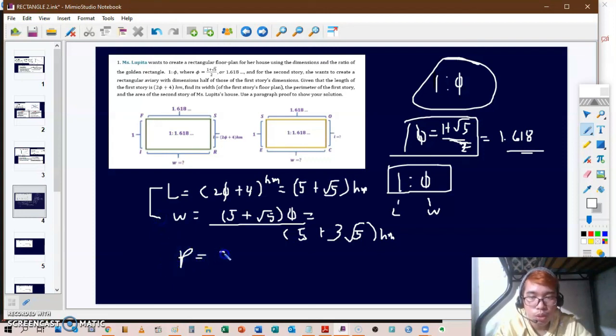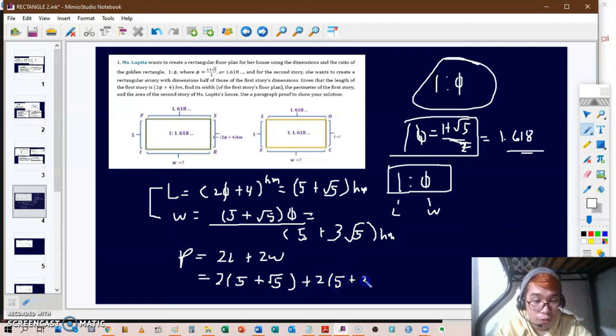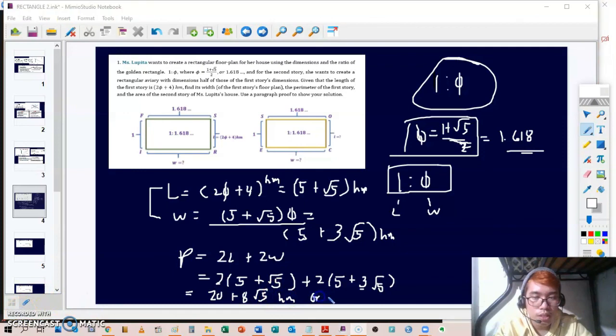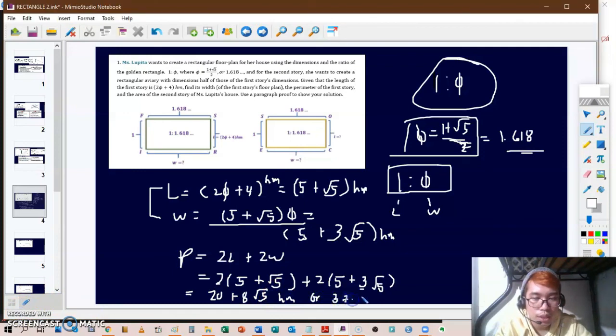The perimeter is equal to 2 length plus 2 width, and we can simply substitute the value of the length, which is 5 plus square root of 5 hectometers, and the value of the width, 5 plus 3 square root of 5 hectometers, and that will give you a value of 20 plus 8 square root of 5 hectometers, or 37.89 hectometers. Okay, good.